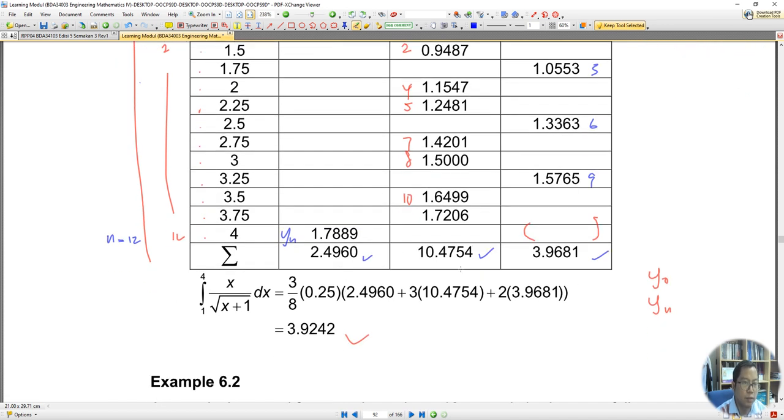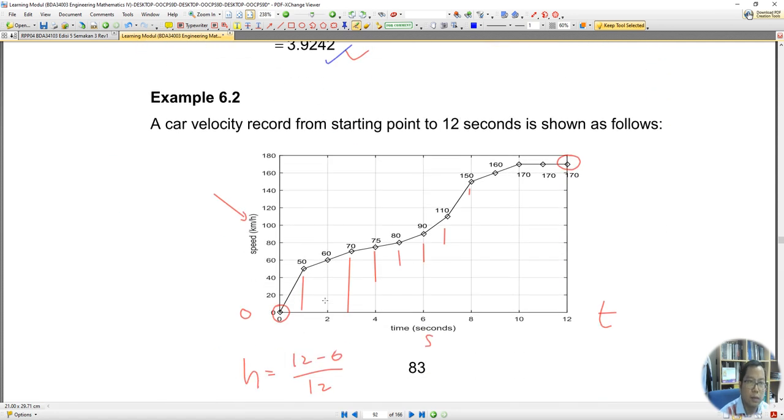So all these values you put here: 2.5, 10 and 3, and this is the multiplication of 3 and 2. This is based on the formula given: 3 times the step size h over 8. Okay, I think that is enough for this.